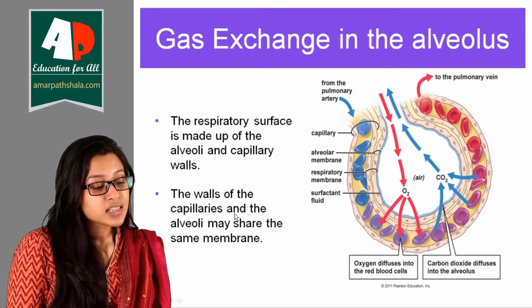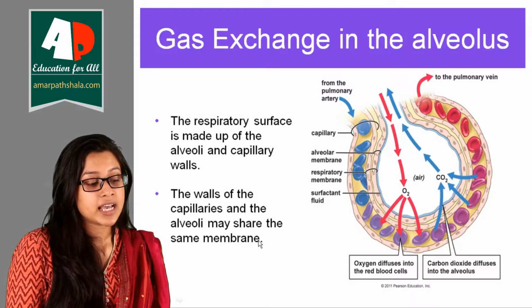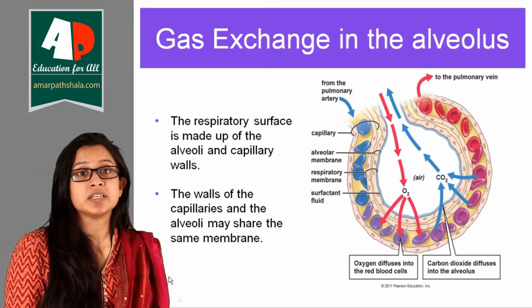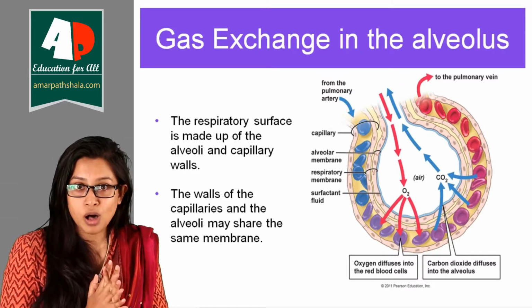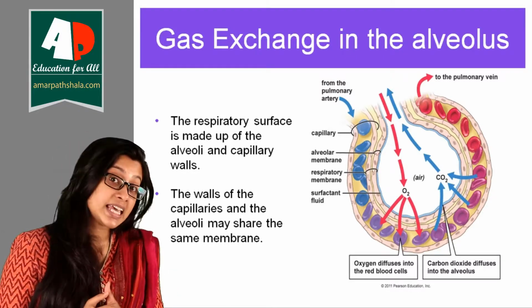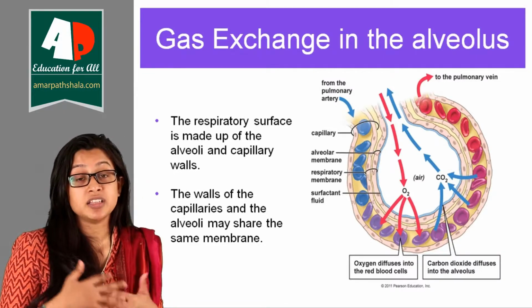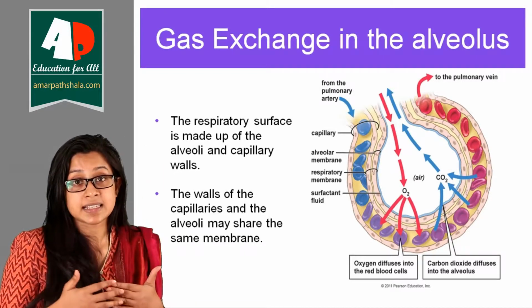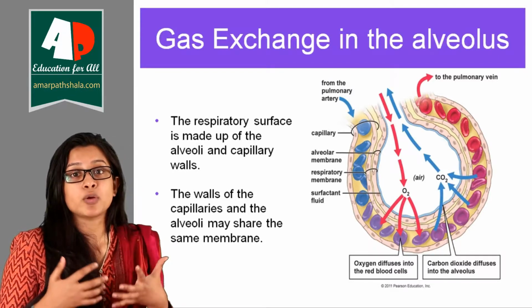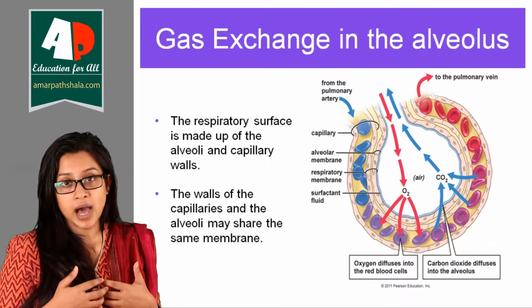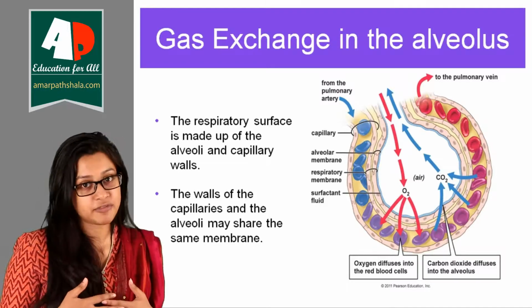The walls of the capillary and the alveoli may share the same membrane. See, the distance between them is so small that they may share the same membrane. As a result, diffusion of gases is happening so efficiently that we are able to respire without feeling discomfort.